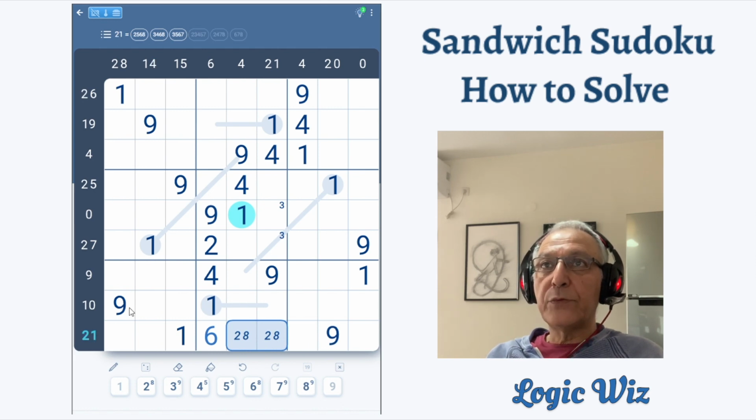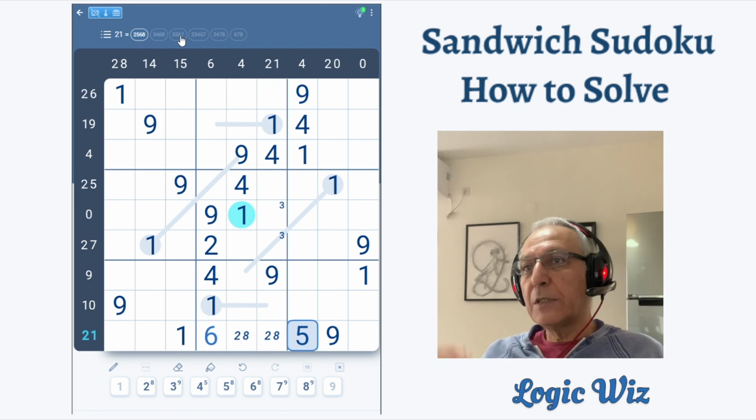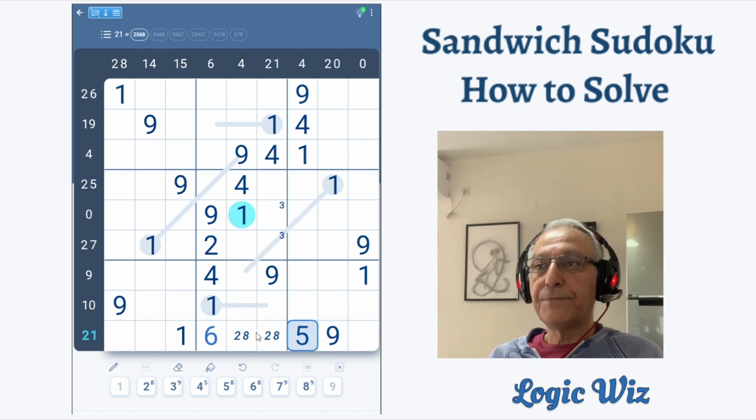Now let's look at the sum of 21. Since we know already 3 digits out of the 4, 6, 2 and 8, we basically know which digit this is. 10 plus 6, 16. We have 5 remaining, and 2, 5, 6, 8 is basically the sum. We don't need to do what I just did, but just to make it cleaner.